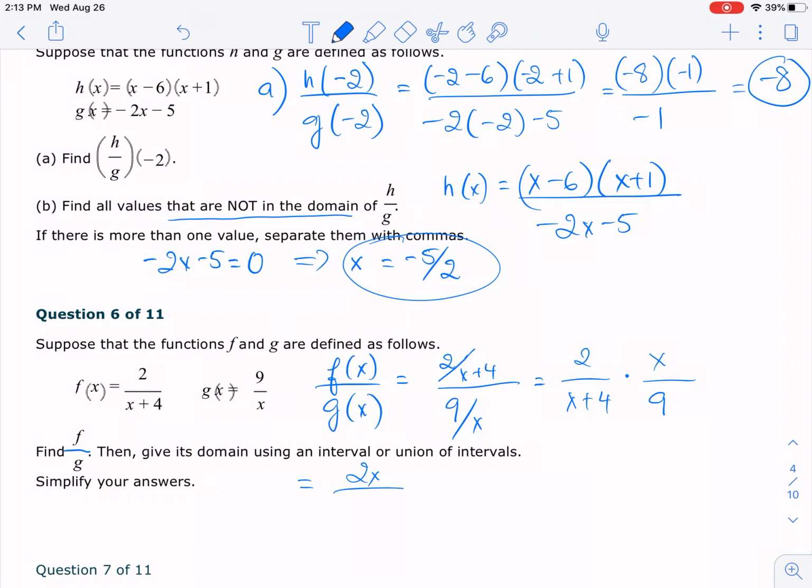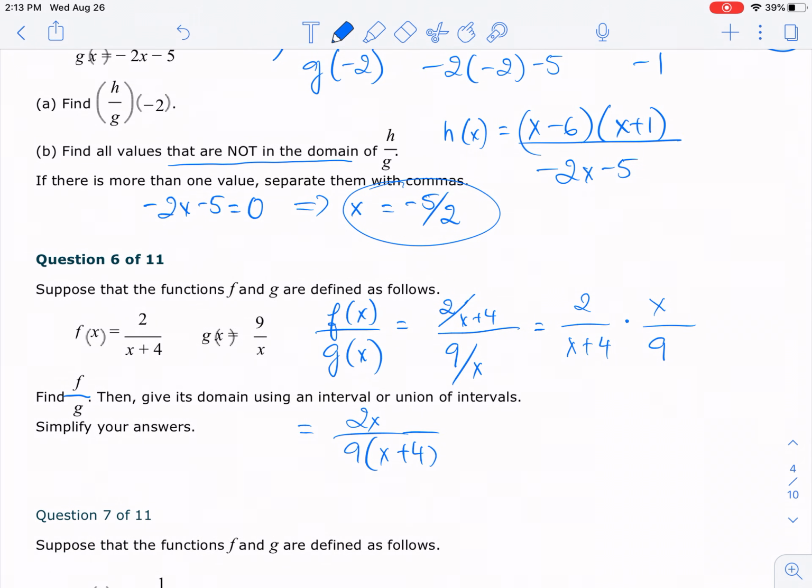So 2x, I'm not going to distribute because we have to find the domain. So the domain is everything but the values that would make the bottom equal to 0. So in this case, what do we have?